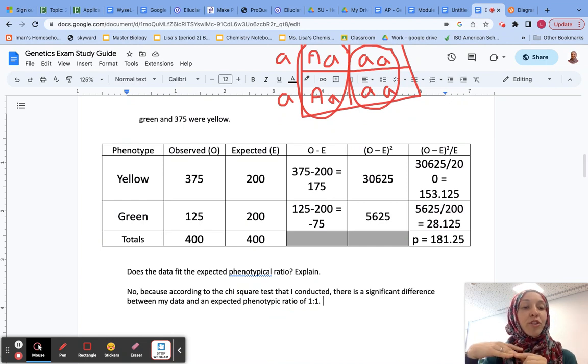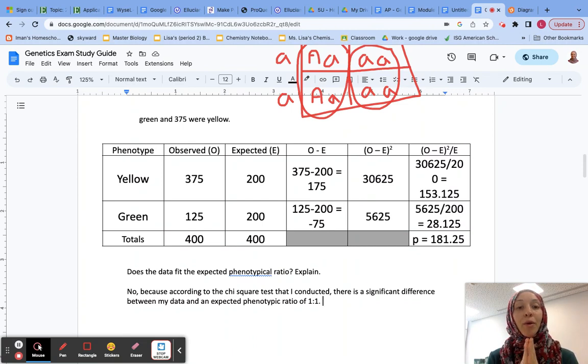If we're doing two traits like color and shape, remember how we did yellow, green, and wrinkled and non-wrinkled? Perhaps we wouldn't get what we expected because these two traits are genetically linked in real life. Whereas when we were doing our experiments and putting the straws, the alleles, we were modeling that as if these genes were not linked, right?